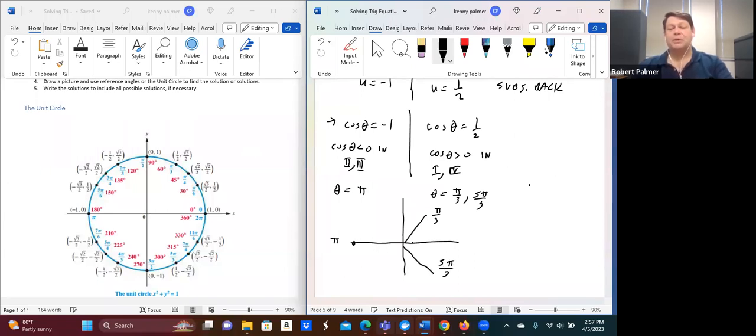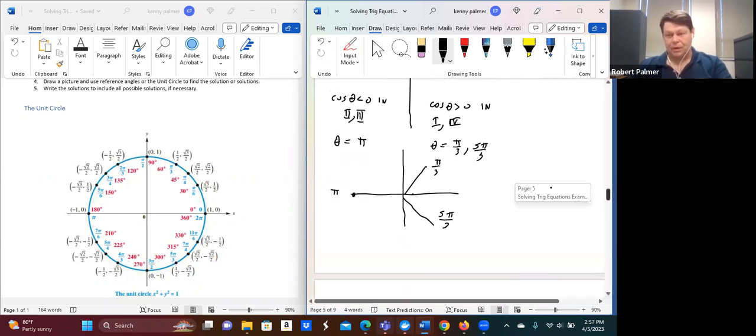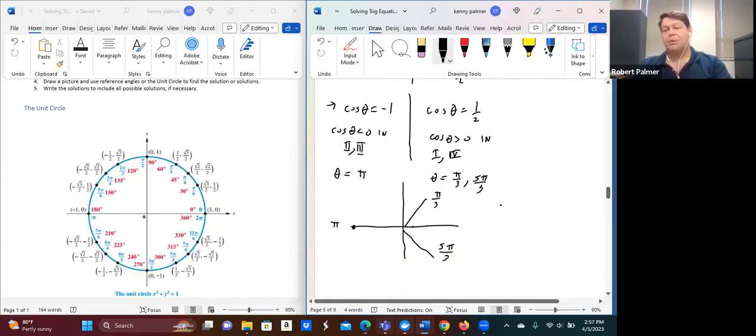So with these 2 equations, we actually have 3 solutions. Okay, and here we'll just do this in radians. So we'll say on 0 to 2 pi, we have 3 solutions. We have pi over 3, pi, and 5 pi over 3.